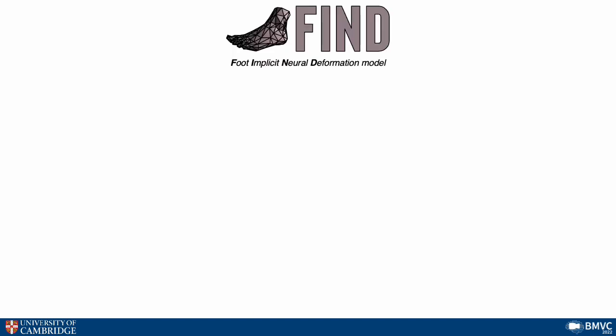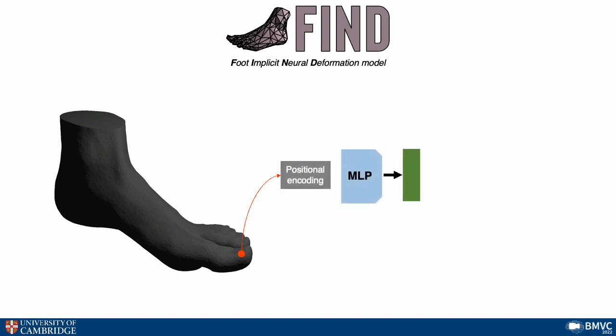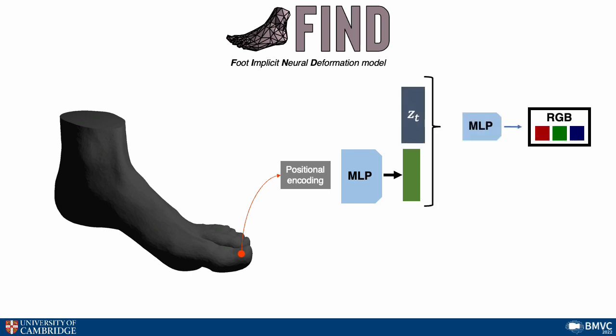Our foot implicit neural deformation model, or FIND, begins with a template mesh. Next, for a given 3D point sampled on the surface of the mesh, our MLP network encodes this and passes it to two heads. The first concatenates it with a texture latent code, passing it through an MLP to predict the RGB value at that point on the surface.